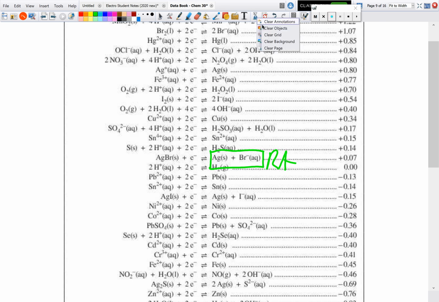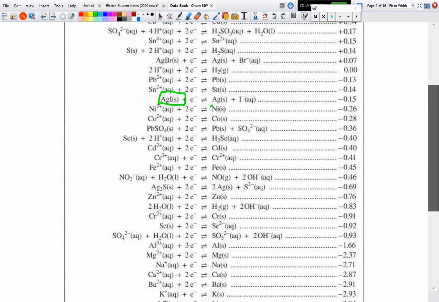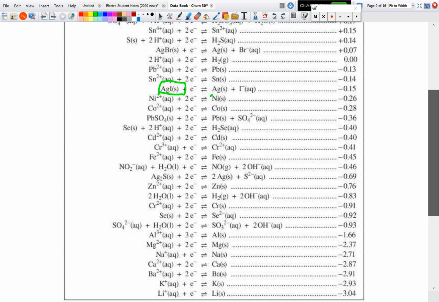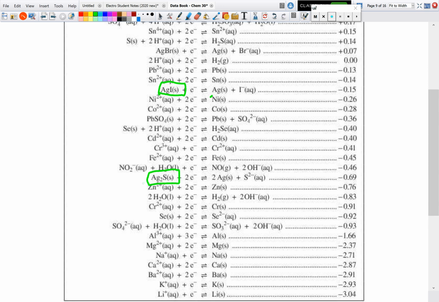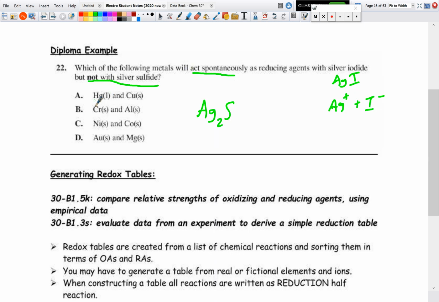So you find both of those right here, right? Our silver iodide is right here, AgI, and silver sulfide, I'm trying to find it here now, I believe is down here. This one's asking which of these is going to act spontaneously as a reducing agent with silver iodide and not with silver sulfide.